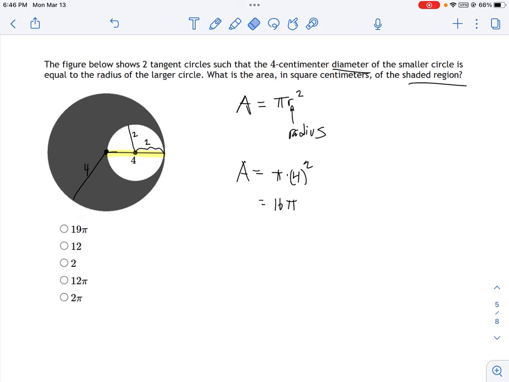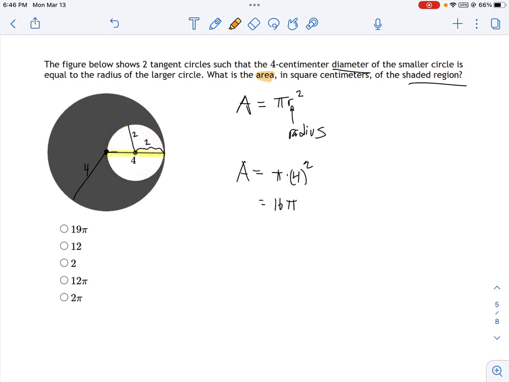Now, are we done? No. The reason we're not is that specifically we're asked to find the area of the shaded region. The shaded region isn't the entire circle right here. You'll notice that it's the entire place except for the white circle, meaning you want everything except this portion.